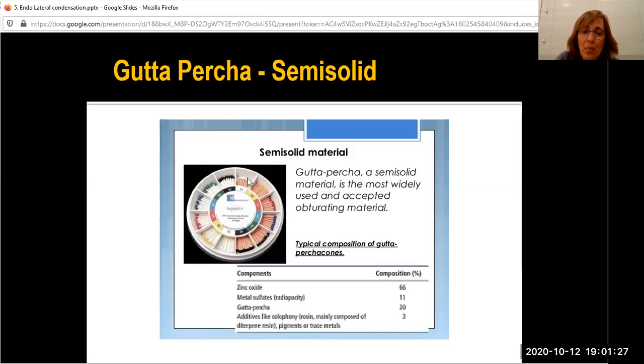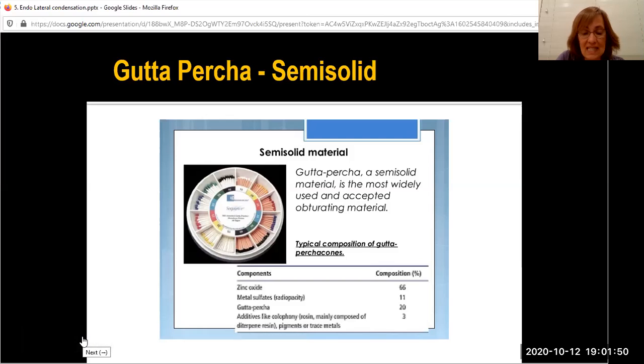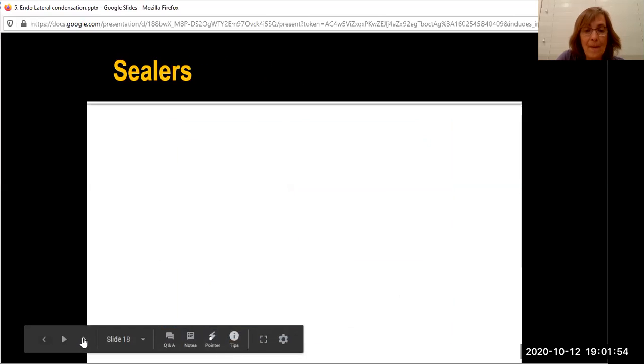The paper points coincide with the size of your master cone gutta percha. They have the same dimensions. Like I've mentioned in the past, the files, the gutta percha master cone, and the paper points have all the same dimensions, therefore facilitating ease of use with these materials.